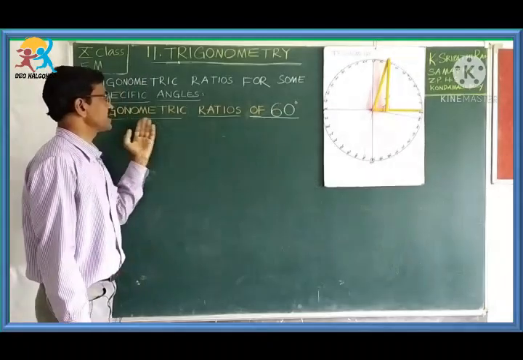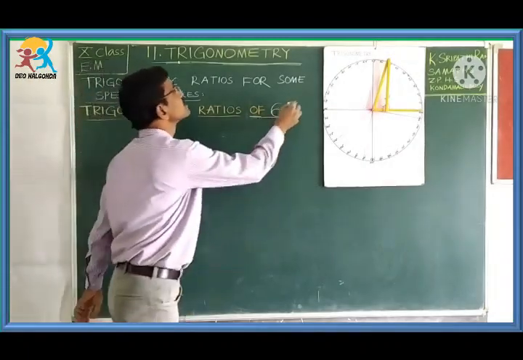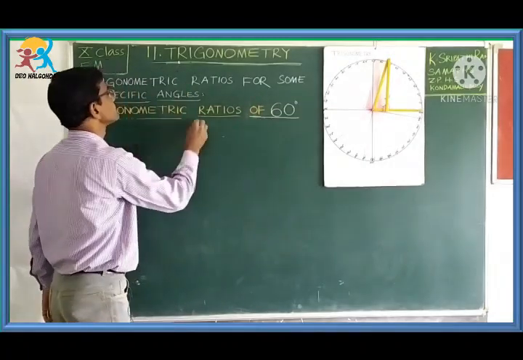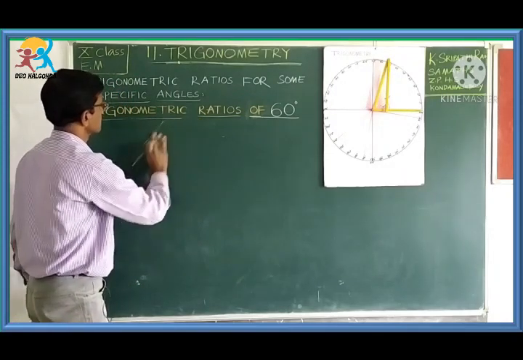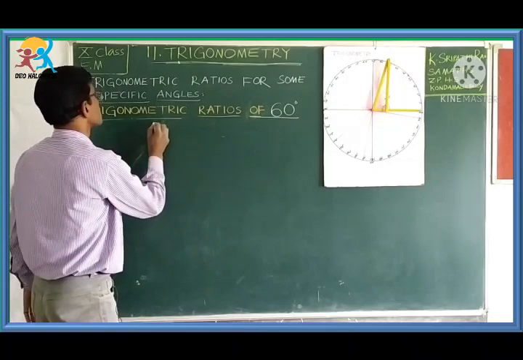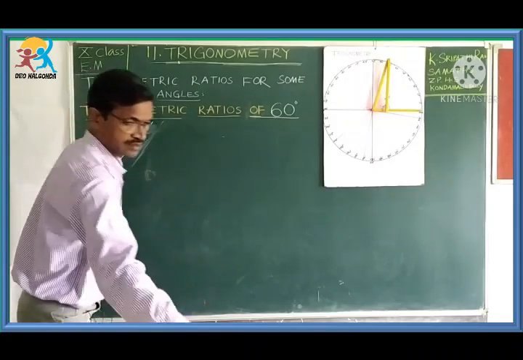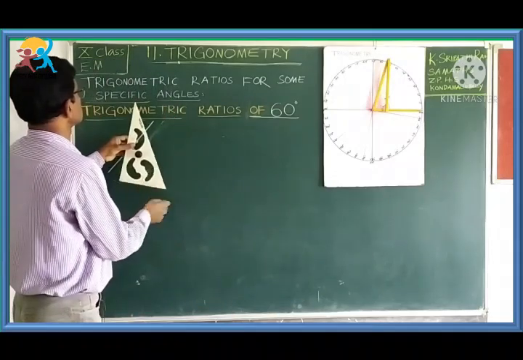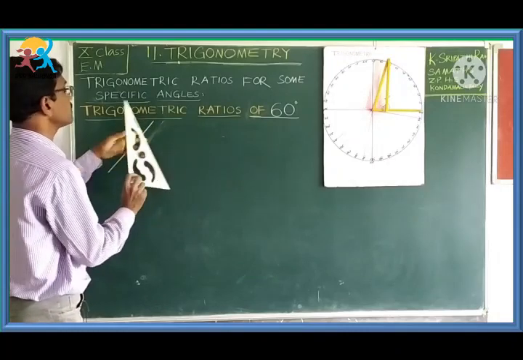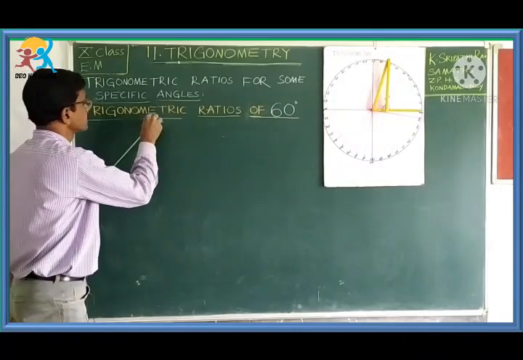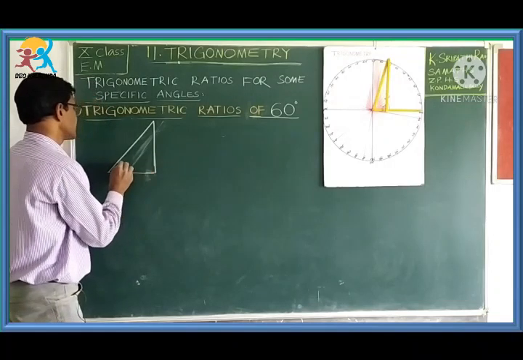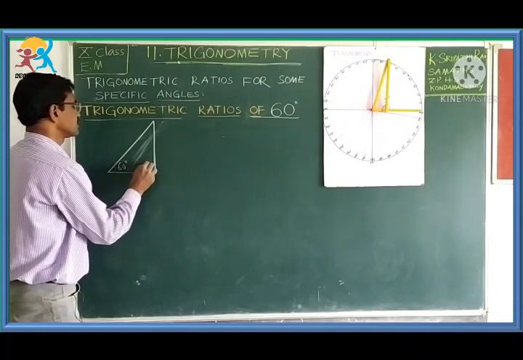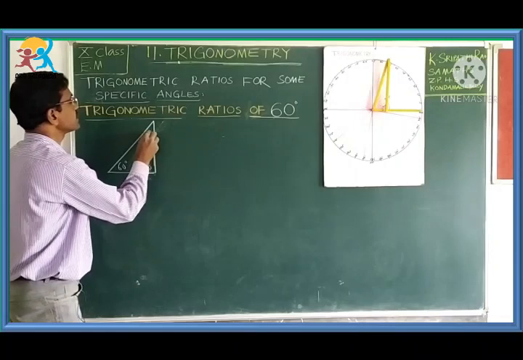Now let us find trigonometric ratios for 60 degrees. You can draw the triangle like this or like this, anyway, with 60 degrees, 90 degrees, 30 degrees.